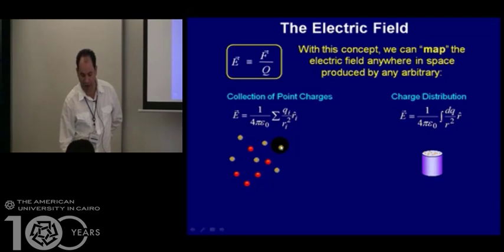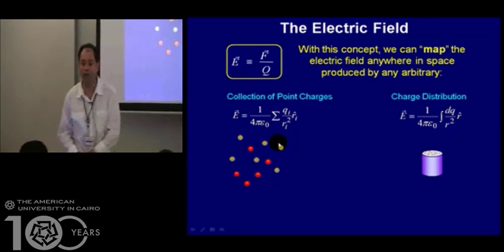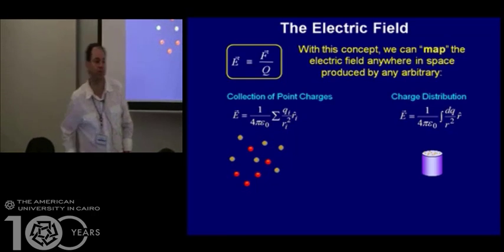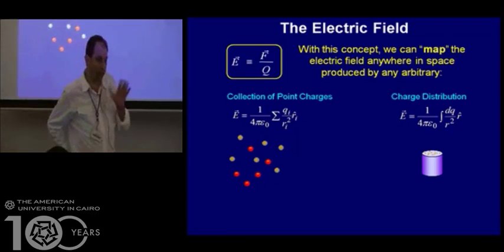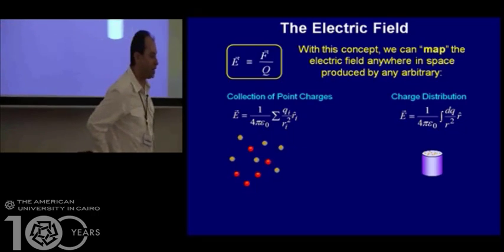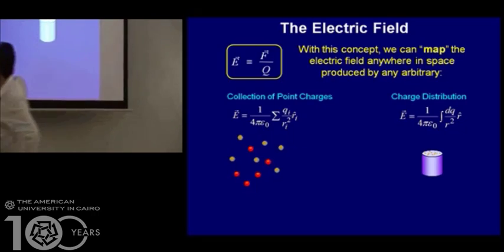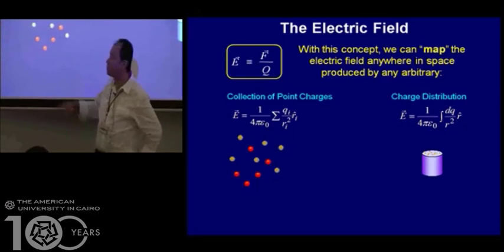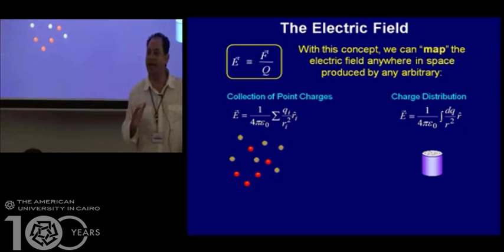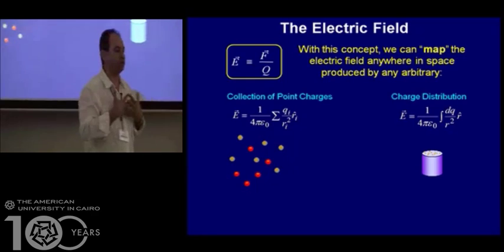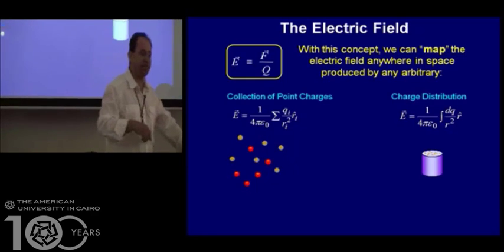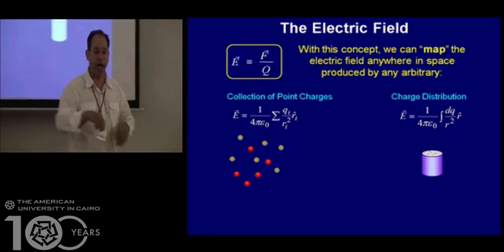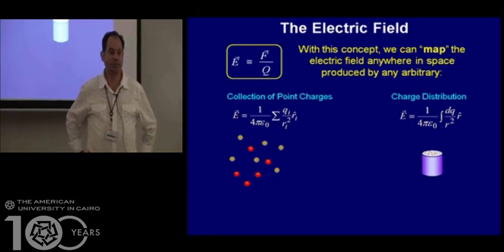So now if I'm going to assume that all of you are positive charges, and we need to calculate the electric field at my position, at that point. We need to calculate the electric field from all of you at that point. What to do?